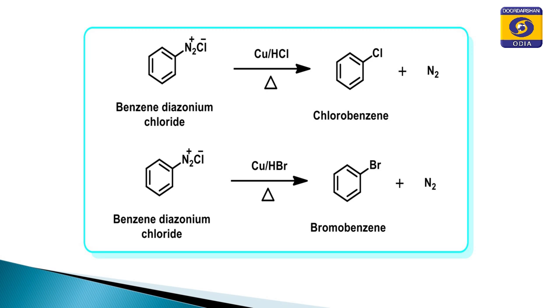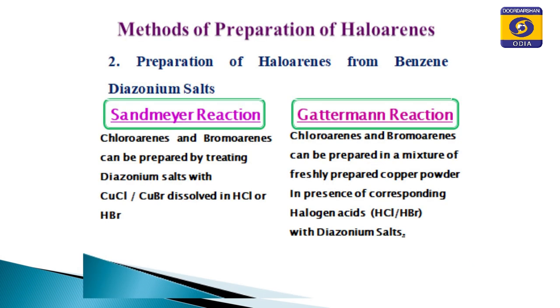Again, benzene diazonium chloride on heating with copper powder in the presence of HCl produces chlorobenzene, and on heating with copper in the presence of hydrogen bromide produces bromobenzene. So, this is the difference between the Sandmeyer reaction and the Gattermann reaction.